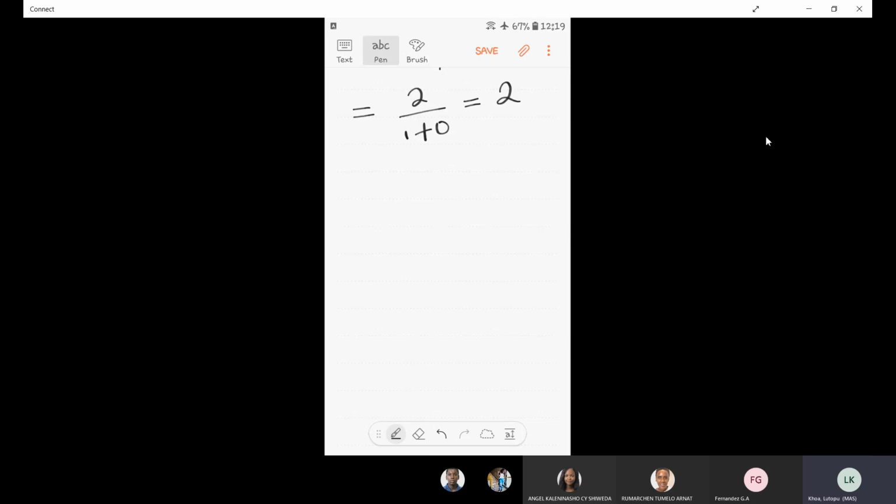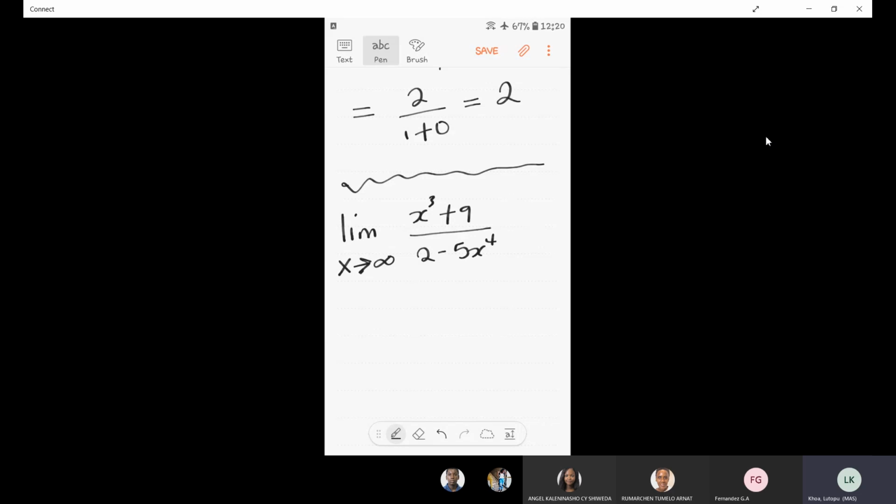Let's try another one. Let's say the limit as x goes to infinity of (x cubed plus 9) over (2 minus 5x to the power of 4).